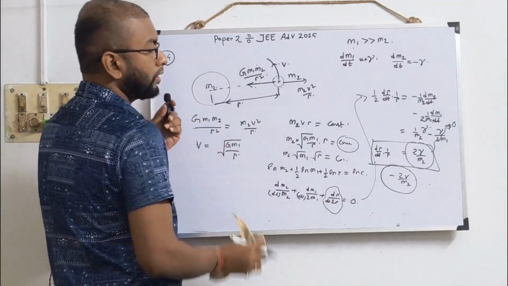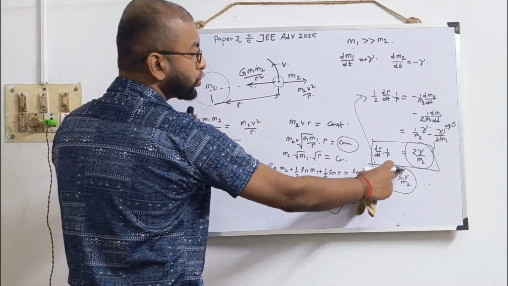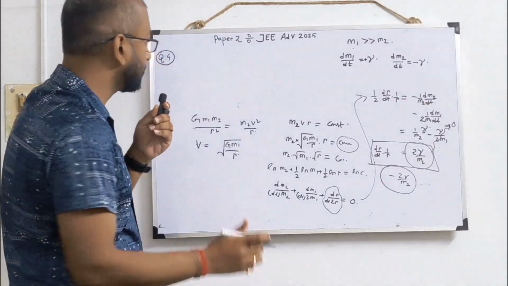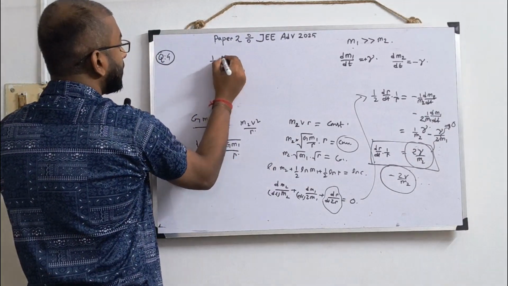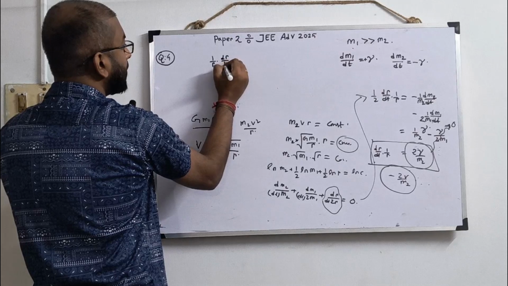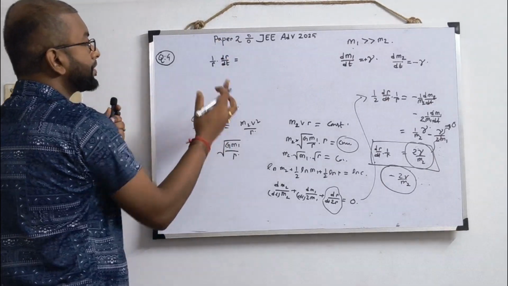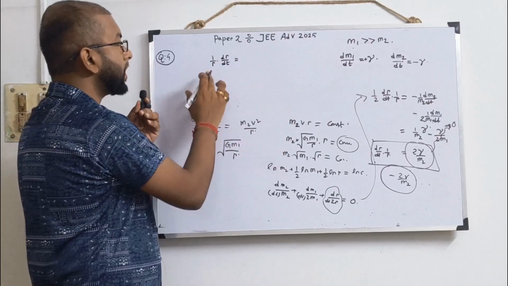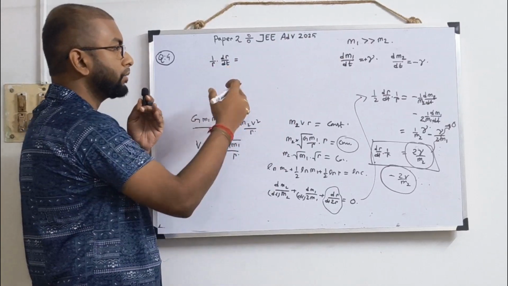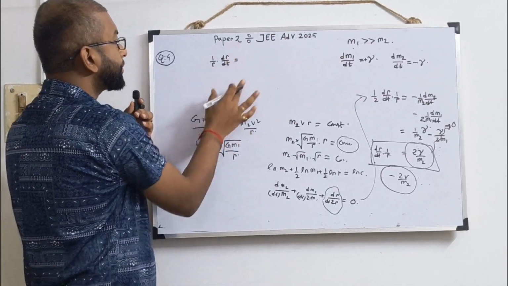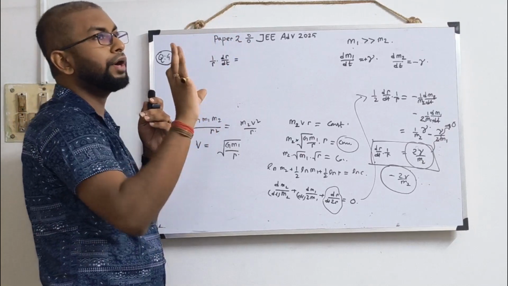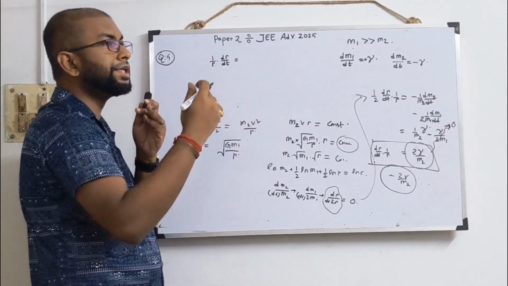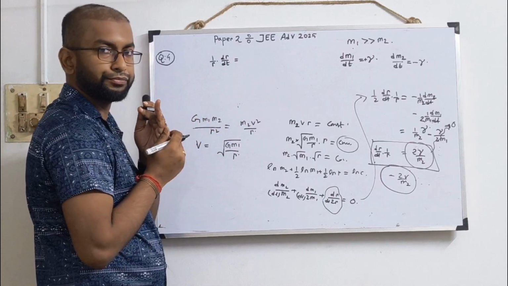Now why is this option, minus 2 gamma by m2, not correct? Let us see what this term represents. At any instant, if the distance between these two masses is r and the rate of change of the distance is dr/dt, this term will be positive or negative depending upon whether the force of attraction between them is increasing or decreasing.